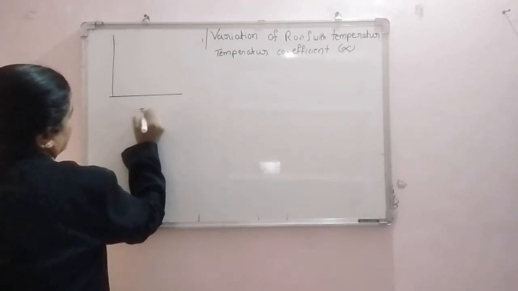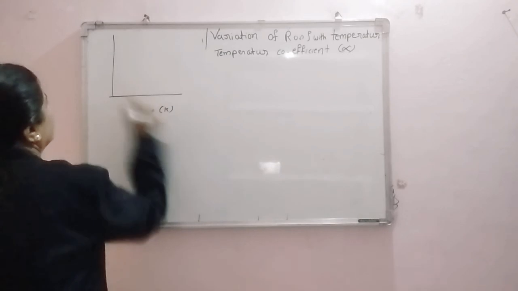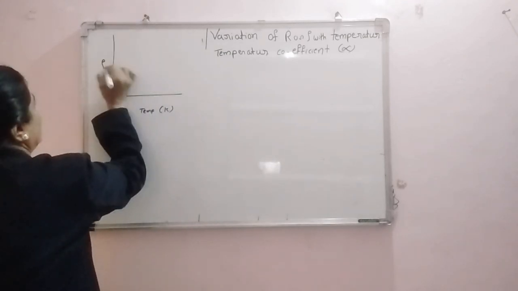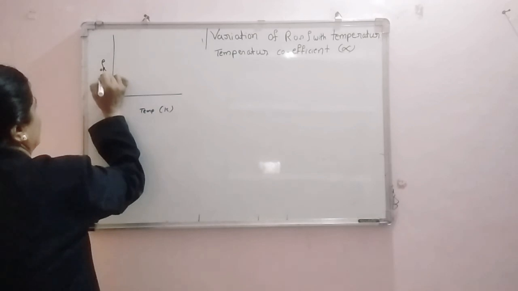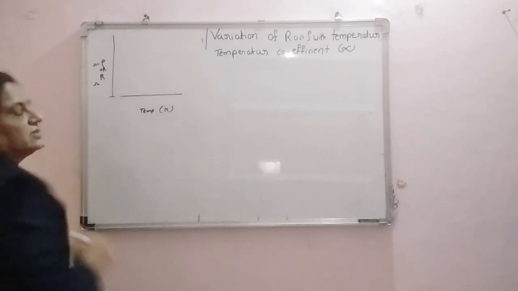I consider the temperature in Kelvin on the x-axis, and on the y-axis resistivity or resistance of the material. Resistivity is in ohm meter and resistance is in ohm.